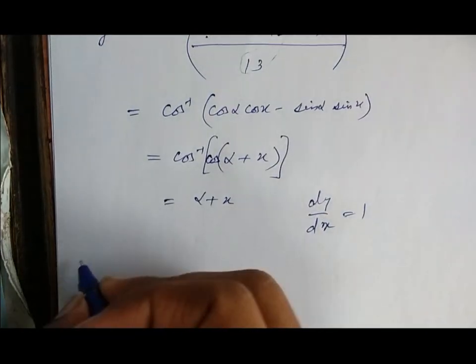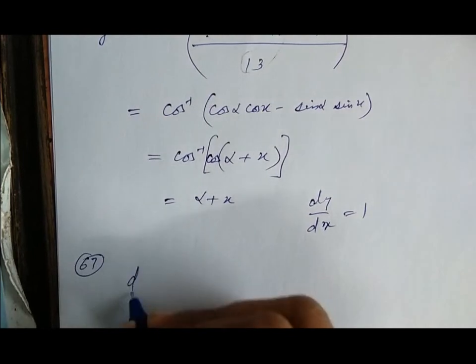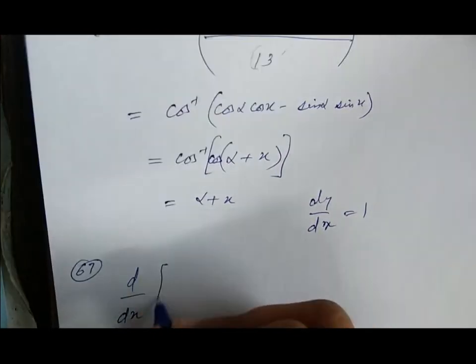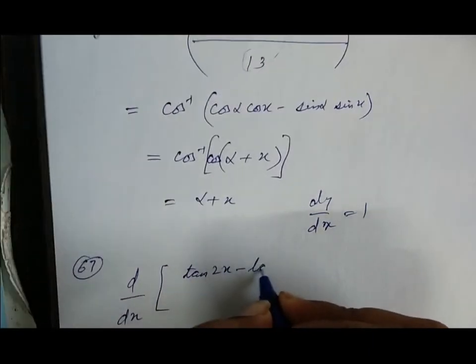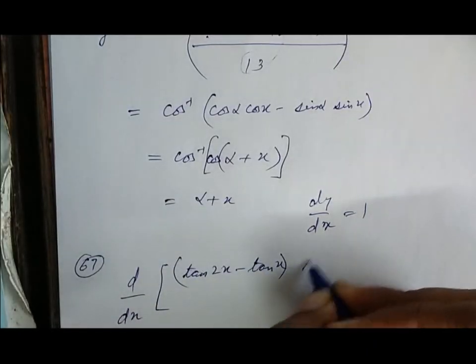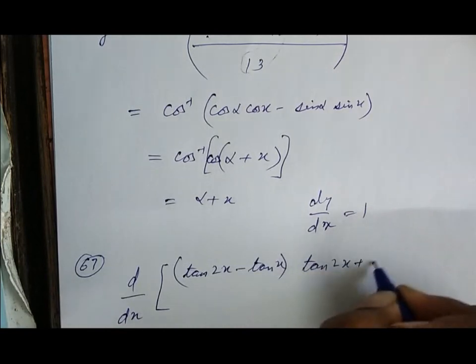Moving to next question, question number 67. So tan square a minus tan square b would be (tan 2x minus tan x) and (tan 2x plus tan x).